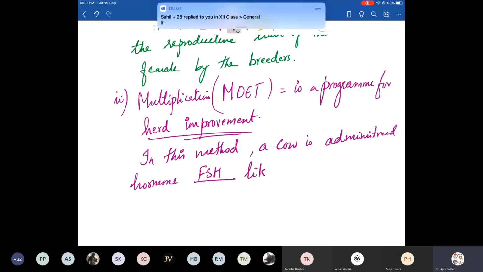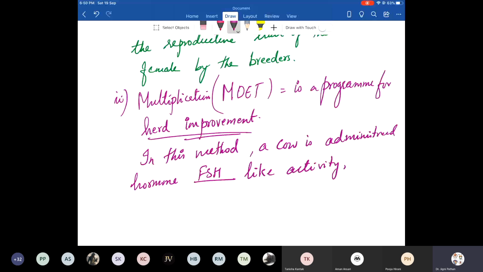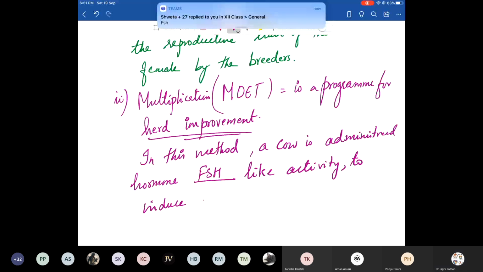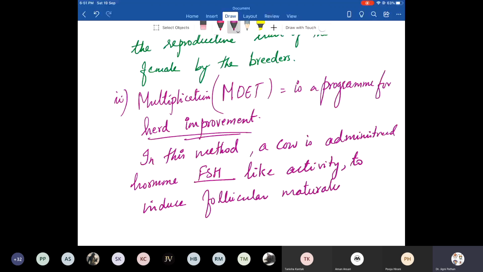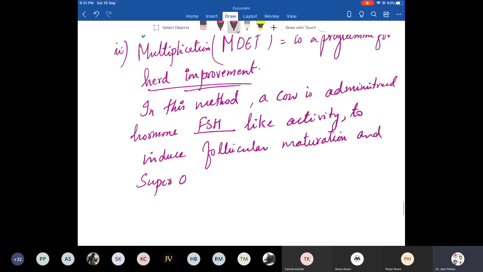FSH activity induces follicular maturation and superovulation instead of one egg.